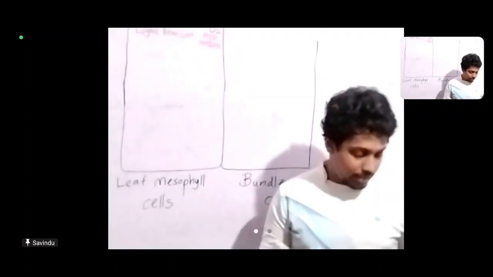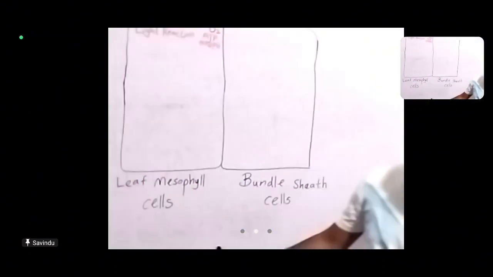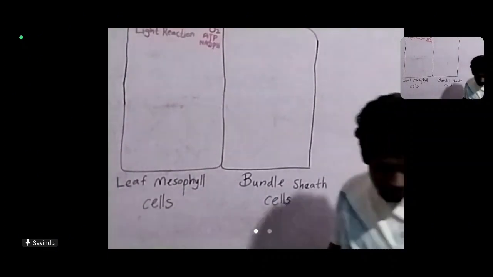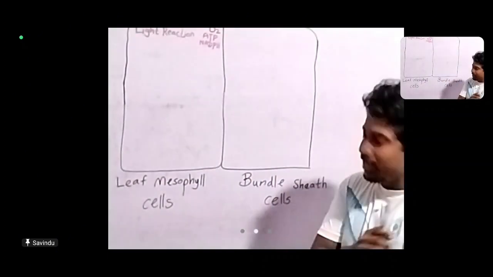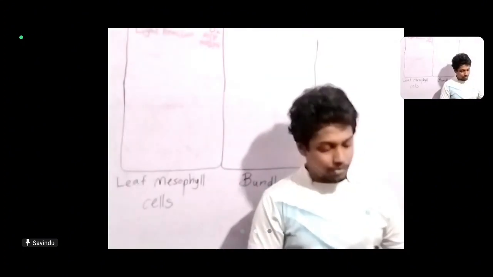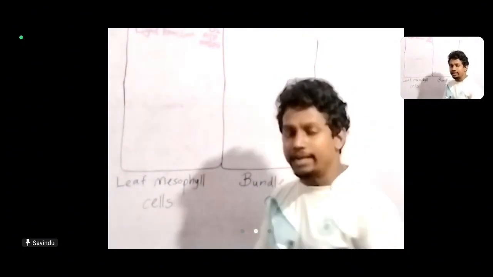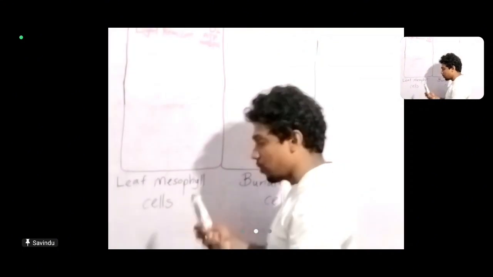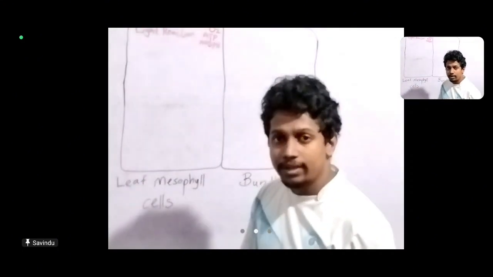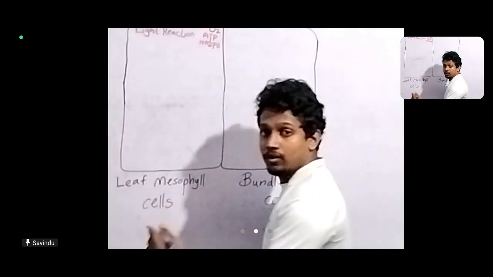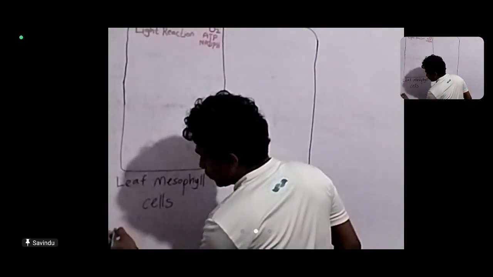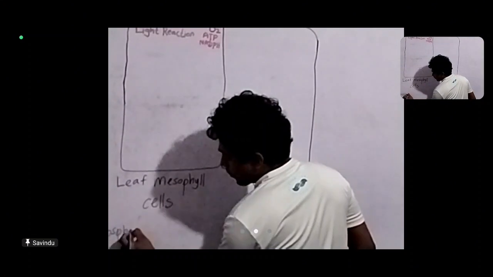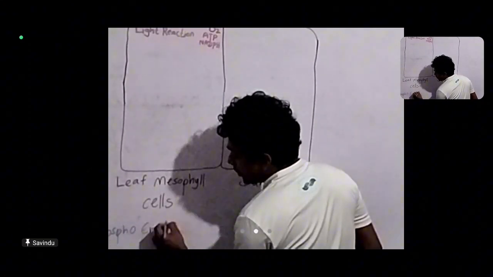In the dark reaction, or light independent reaction, now we need to fix carbon dioxide. For that, a special molecule called phosphoenol pyruvate.